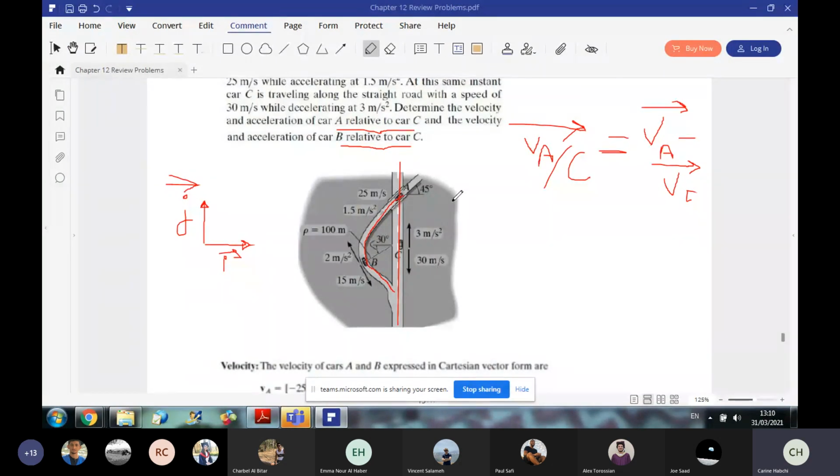Okay, now what I will do is that I will find the velocity and acceleration of each of the cars. So first, for car C, the velocity is directed along minus j. So VC is equal to minus 30 along j.